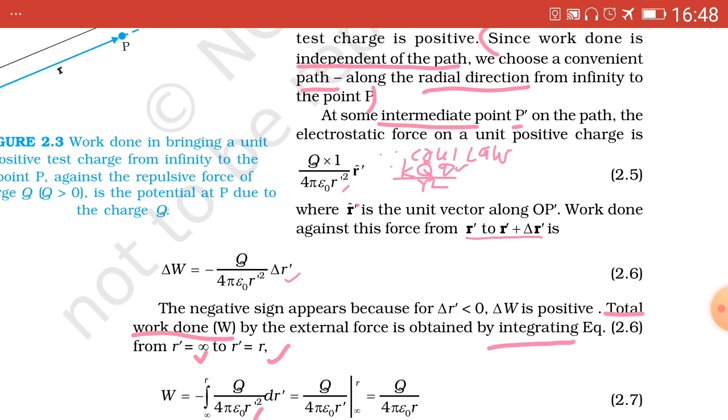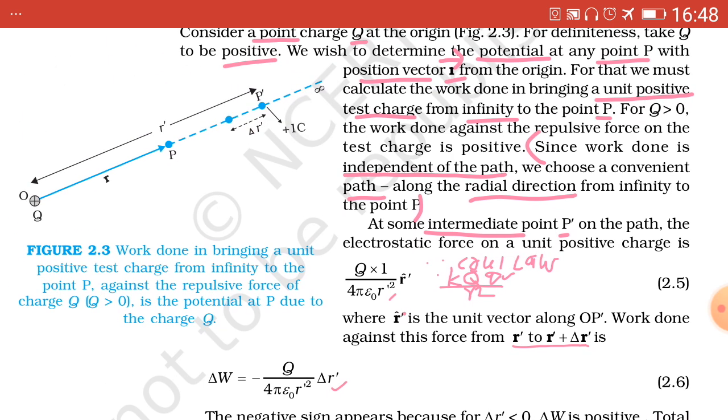OP dash is in two parts: OP is r dash and delta r dash is shown from P to P dash. The work done is given by delta W equal to minus capital Q upon 4 pi epsilon 0 r dash square into delta r dash.